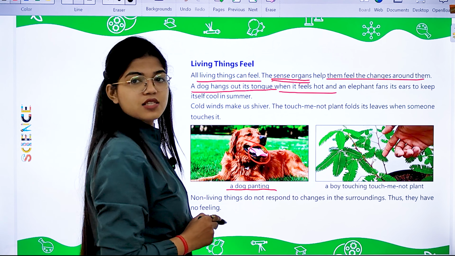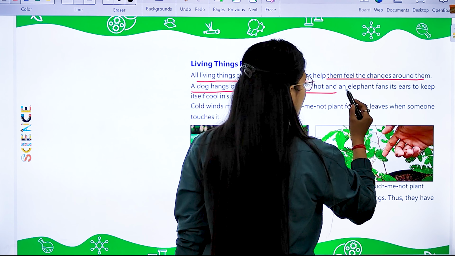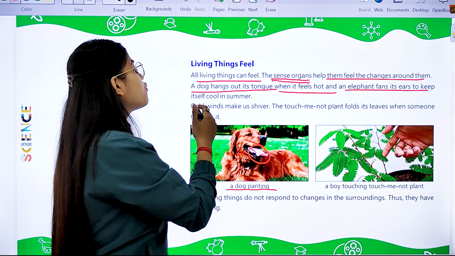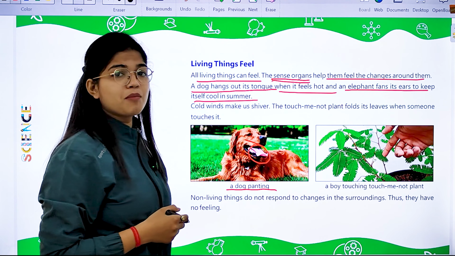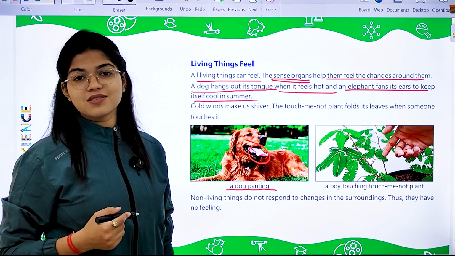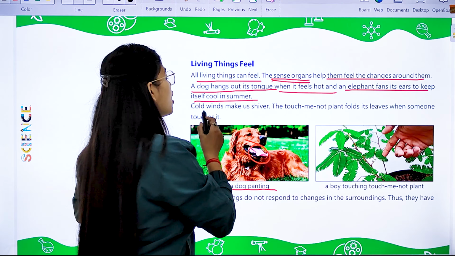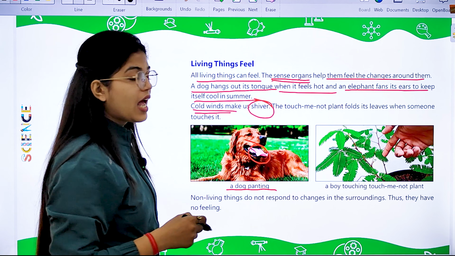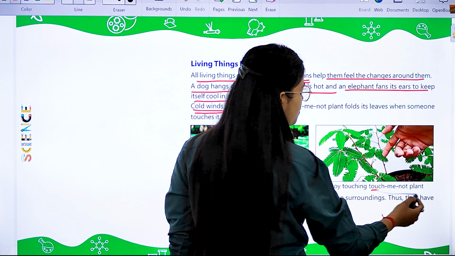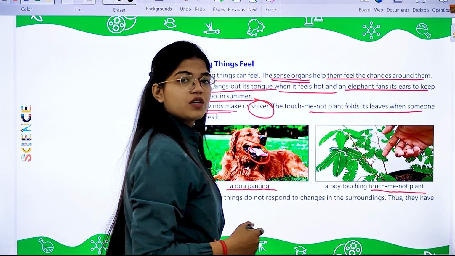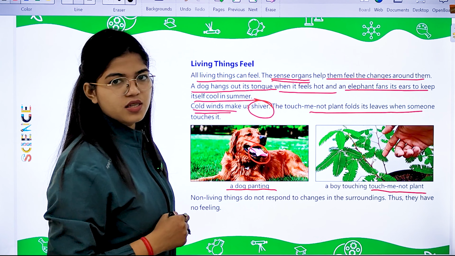Okay. Then similarly, the elephant, what does it do? It fans its ears to keep itself cool in the summer season because they can feel the changes in their surroundings. Similarly, cold winds also make us shiver. And as we have talked about the touch me not plant, it also folds its leaves when someone touches it.